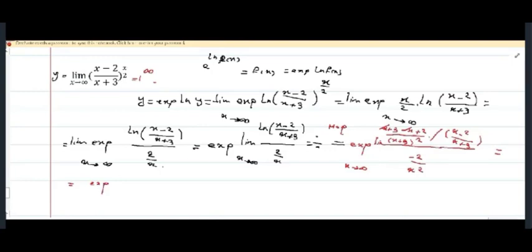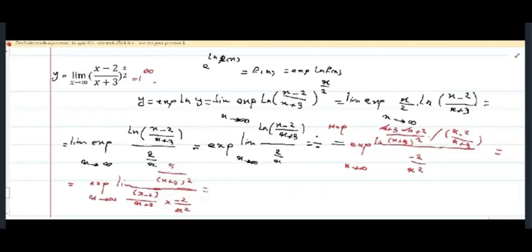Now we can delete x, and after simplification we have the exponential of 5 over (x plus 3) squared, times the reciprocal of (x minus 2 over x plus 3), coming down, times minus 2 over x^2.